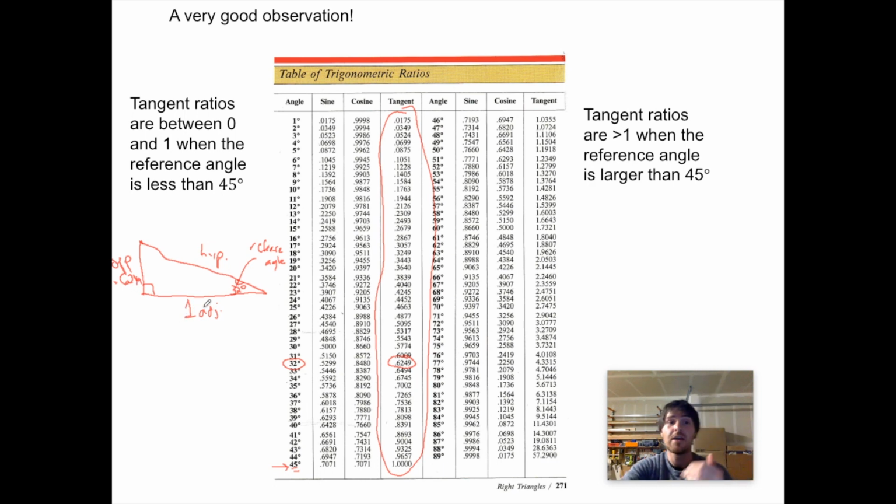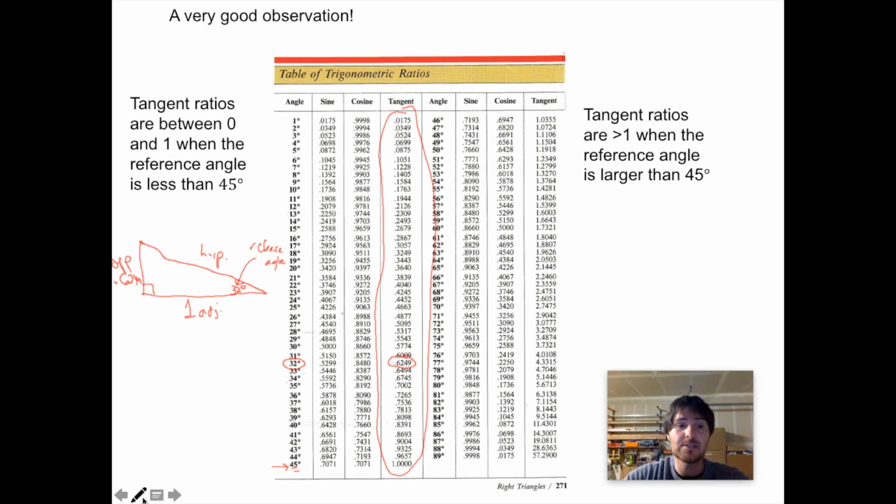If my adjacent side is length 2, then the opposite is twice that, about 1.25 or so. Anyways, for anything less than 45 degrees, the opposite side is going to be shorter than the adjacent side. Your tangent ratio is less than 1, greater than 0, okay?